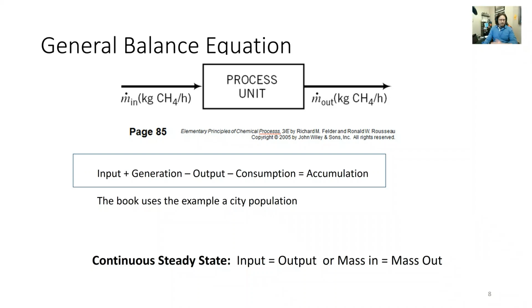So input plus generation minus output minus consumption equals accumulation. I'm not really going in a linear order, I apologize. When we set up these problems, and this is on page 85, and it's funny, I just realized that their citation has a spelling error. But anyway, input plus generation minus output minus consumption equals accumulation is the more complex way. And in most instances, input equals output.